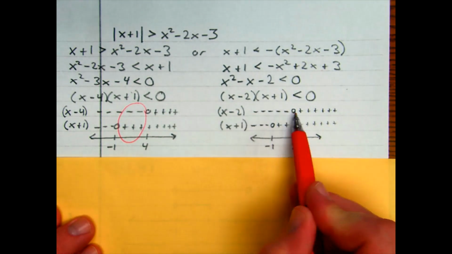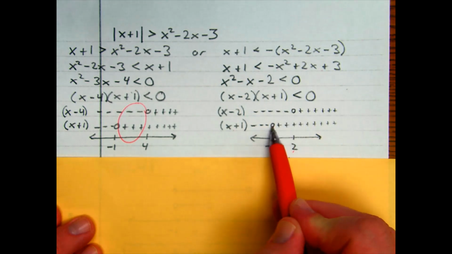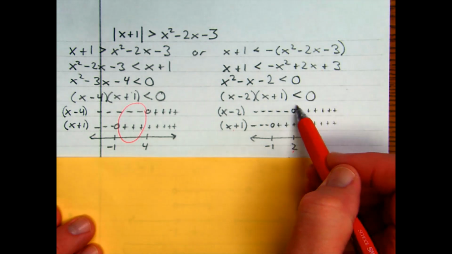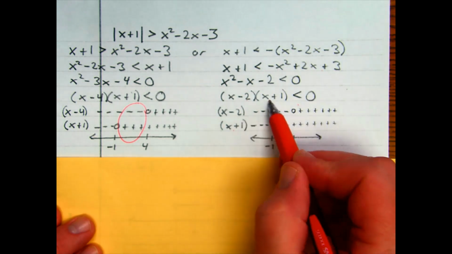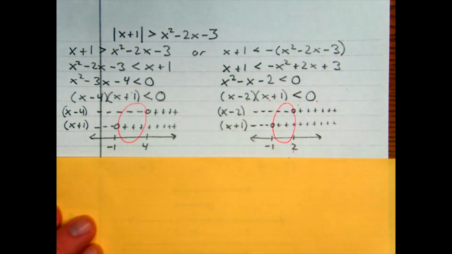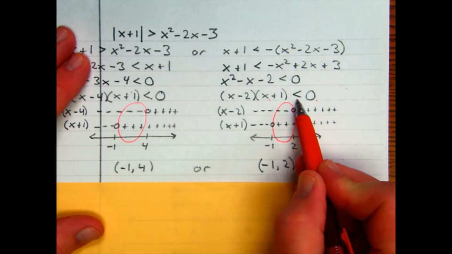X minus 2, 0 at 2. X plus 1, 0 at -1. Negatives to the left, positives to the right. Once again, we have less than. Multiplying two things together to produce a negative number means signs must be different. So we're looking at the interval from -1 to 2, uninclusive, because we do not want 0 as part of the solution set, just less than 0.